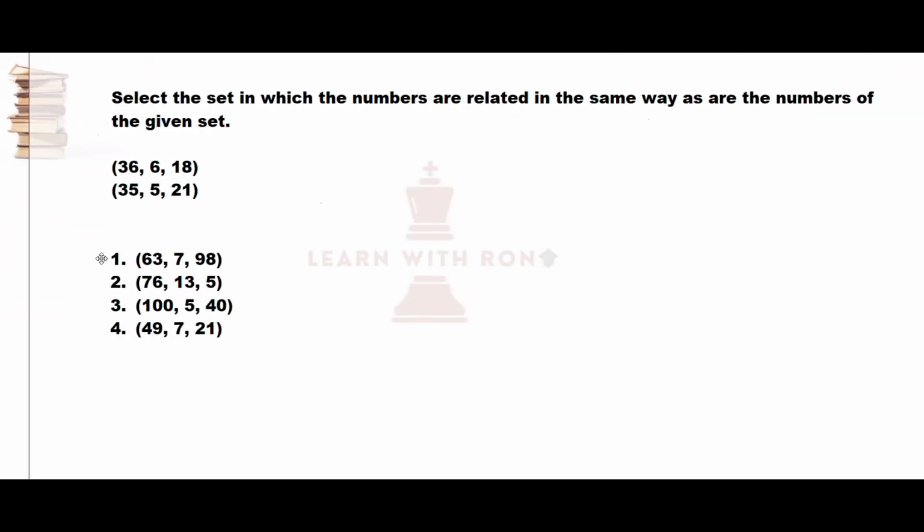See this question here, we need to find a set from the given options which follows the same pattern as above two sets. Okay, let's take a first set, which is 36, 6 and 18. Okay, if I take the first two numbers here, see if I do the 36 divided by 6, what is the value do I get here? 6, right? 6 times 6 is 36. But I want the value of 18. How do I get 18 from 6?